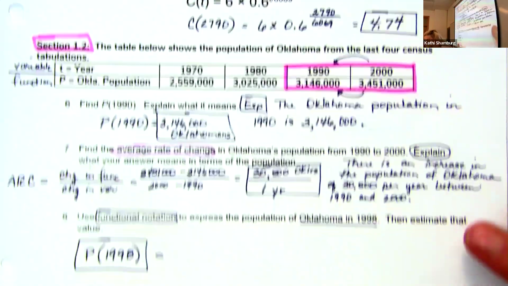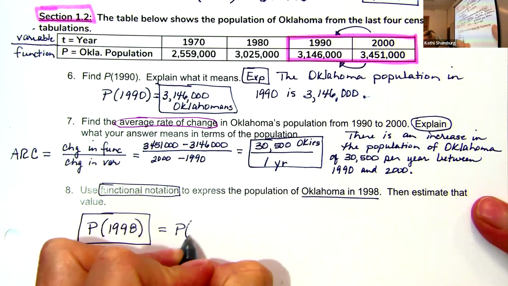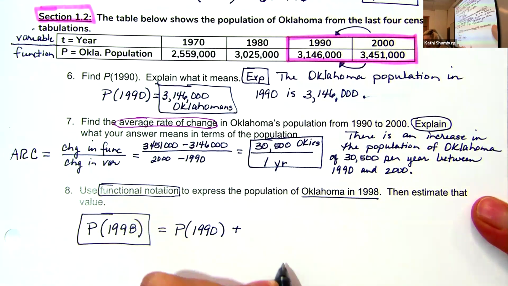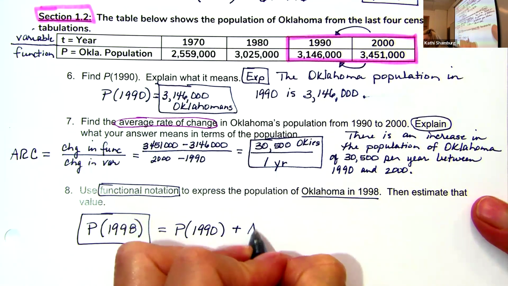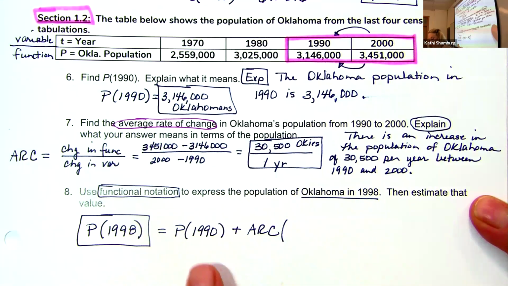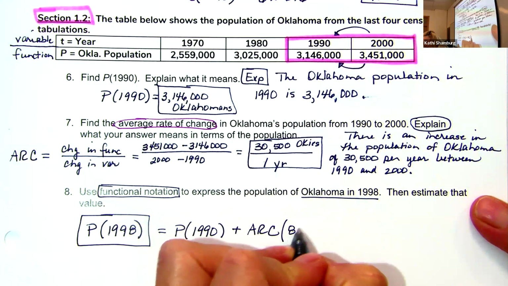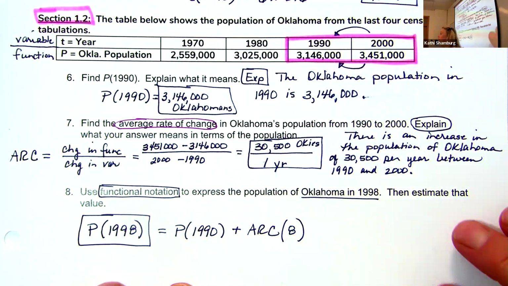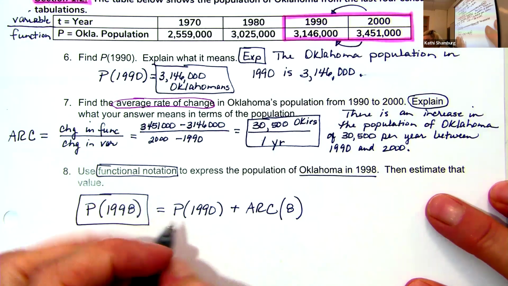We start at the population in 1990, and then we will add the average rate of change, because this is what happens per year. And 1998 is how many years from 1990? 8. So this is 8 more years. Now, you don't have to show this on the test. The purpose of me doing that is so then you know where my numbers came from.